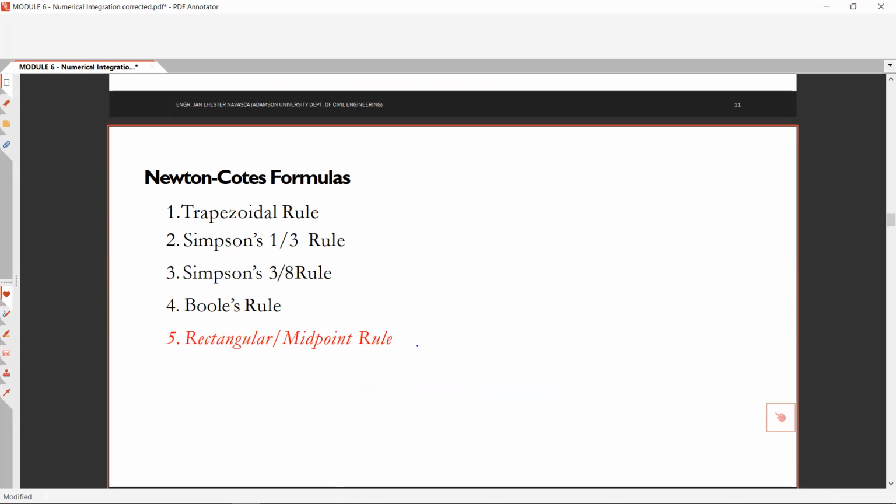I will skip the last one, so you can check it out on your own, and it is not included in the exam. Some people do use the rectangular or midpoint rule. For now, we only discuss four formulas: the trapezoidal rule, Simpson's 1/3 rule, Simpson's 3/8 rule, and Boole's rule.